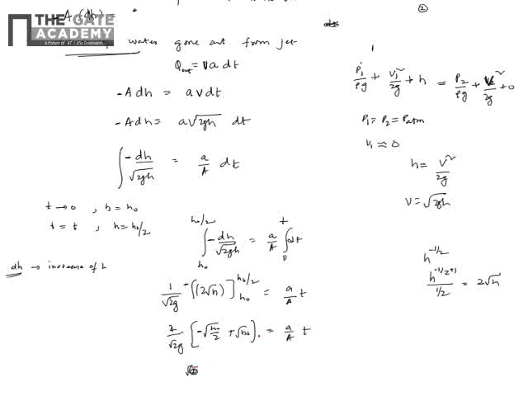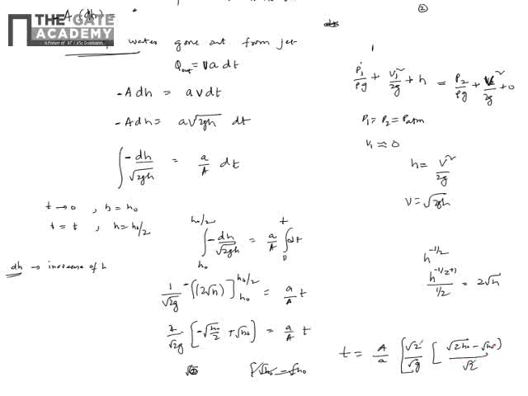So let's evaluate this. Root h naught minus root h naught by 2 gives root 2 h naught minus h naught by root 2.